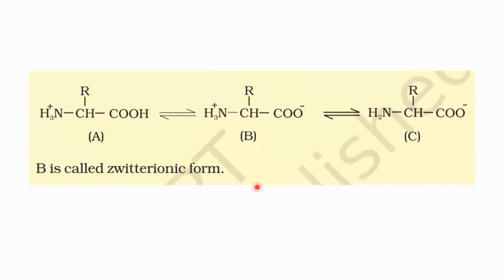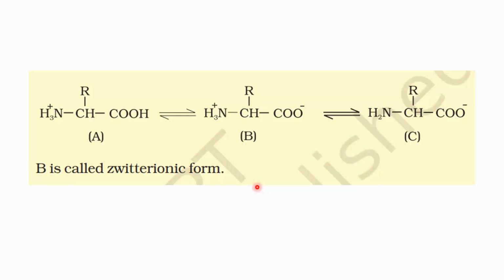I'm repeating it again. In an amino acid there are two groups, NH2 and COOH, and both have the tendency to get ionized. Depending on the pH of the solution in which the amino acid is present, they may ionize into different forms.